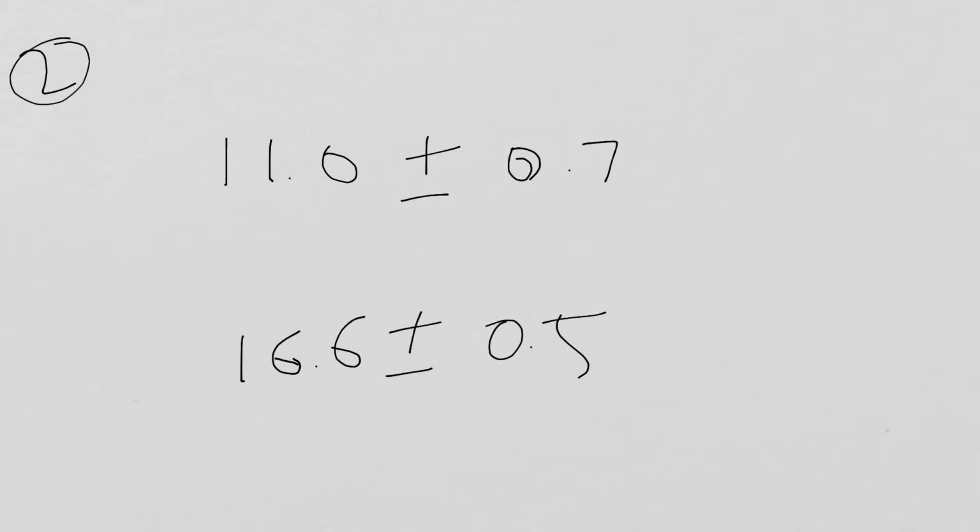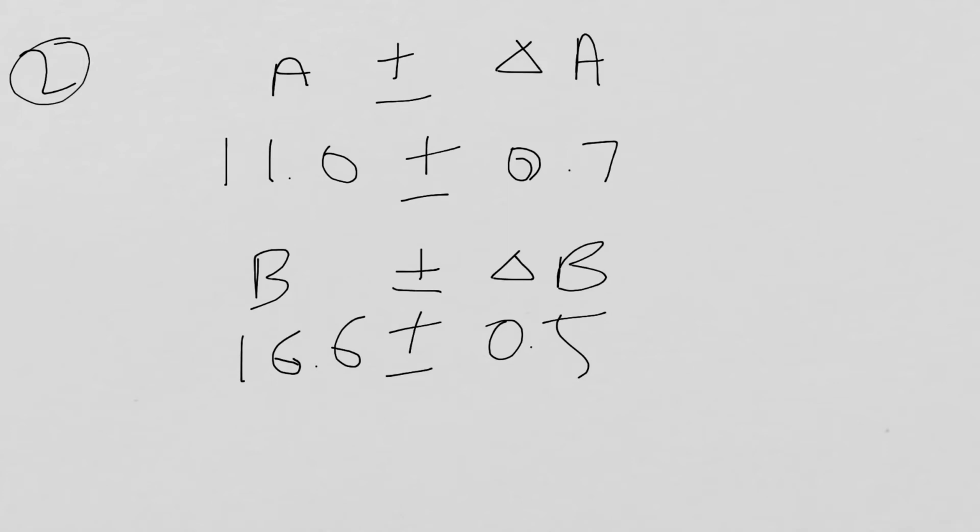We will consider 11.0 as A, plus or minus this tolerance value 0.7 as delta A, and 16.6 as B, plus or minus delta B.